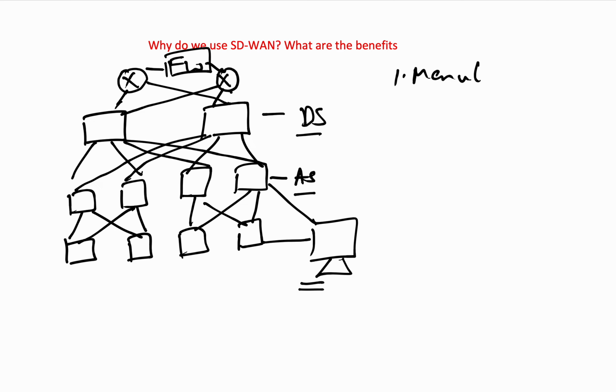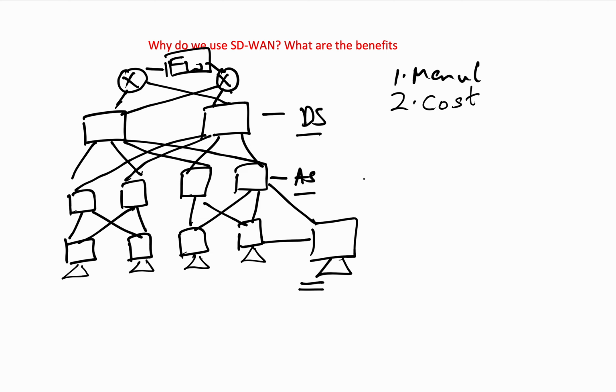Second, once you have done the configuration manually, the cost is too high. You might need to add a computer to every device if you want it to be quick, or you would need a person to be there physically to connect the console cable to each and every device. Correct? By the way, these are your users.